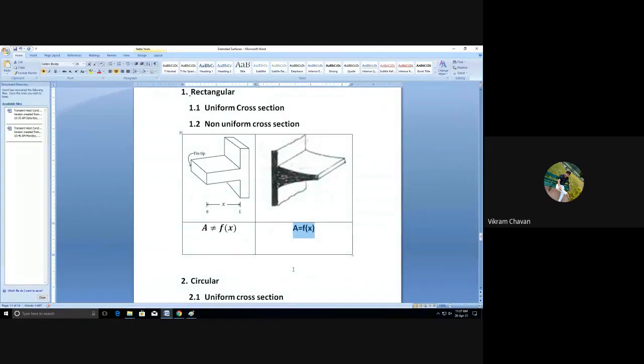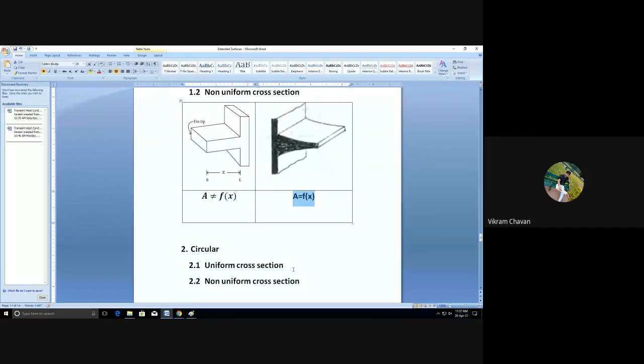Okay, have you drawn the diagrams? Freehand sketching is required.